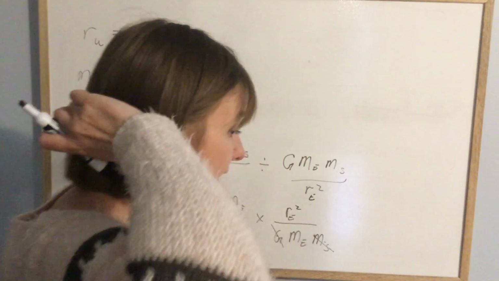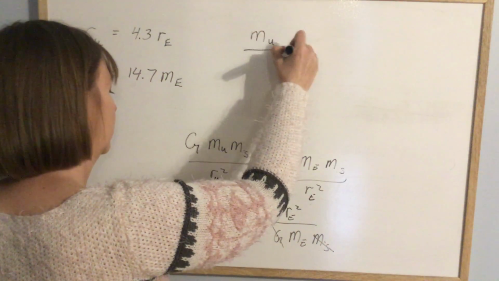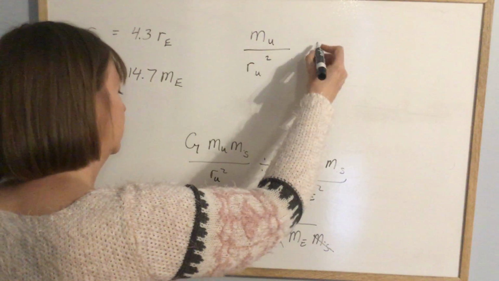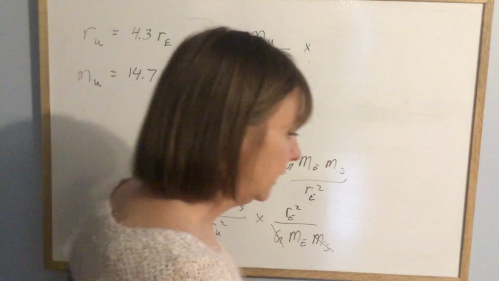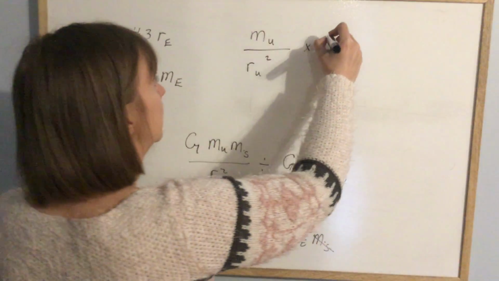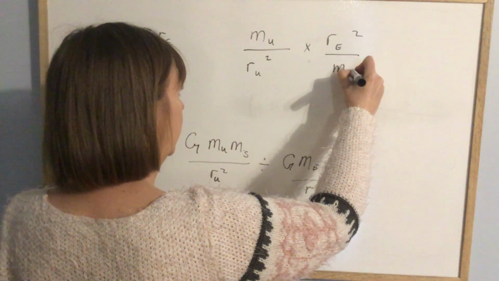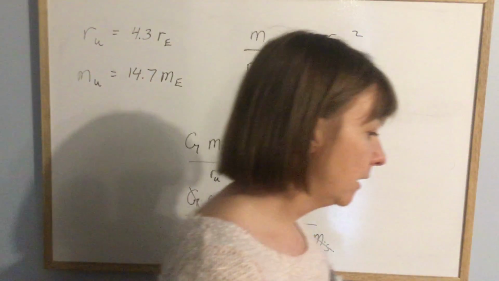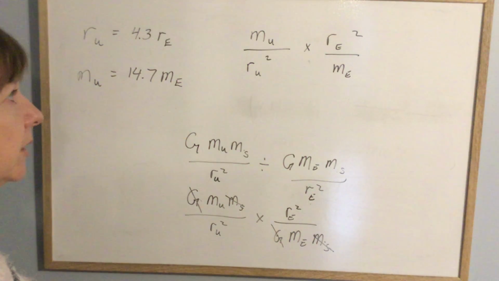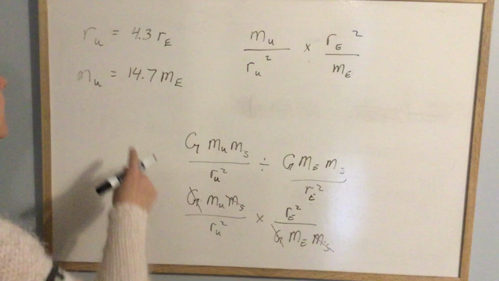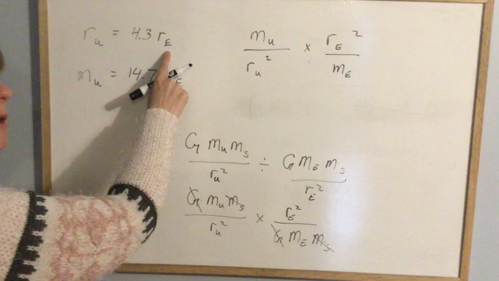Because what I have is mu over ru squared times re squared over me. Now, the problem is I've got way too many different variables going on here, but Ru is equal to 4.3 Re.